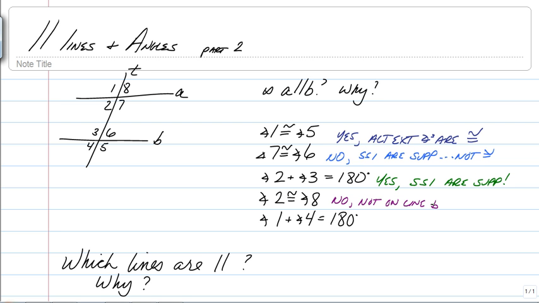So although it is a true statement, 2 is congruent to 8, vertical angles do not determine parallel lines. Only the 5 you learned a couple videos ago. So 2 and 8, although it's a true statement, they are not on line B. So you have to have one on line A and one on line B to have parallel lines. So this is no.